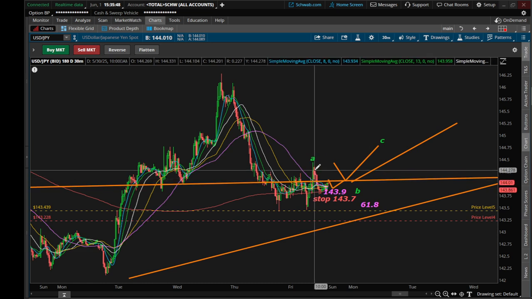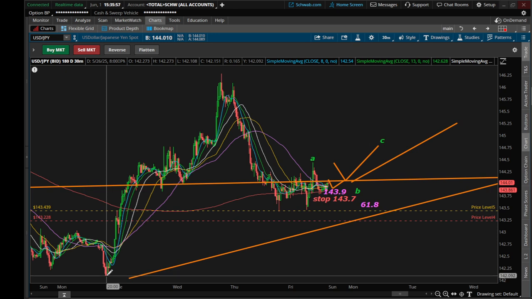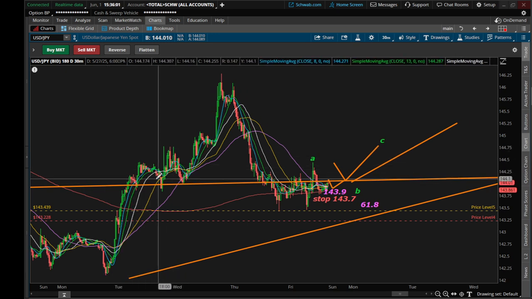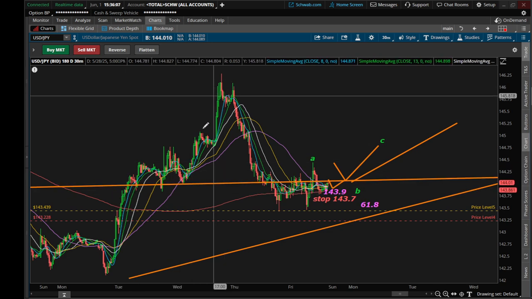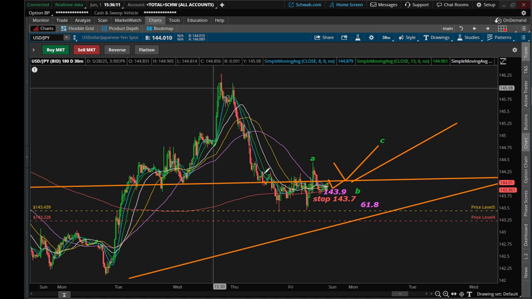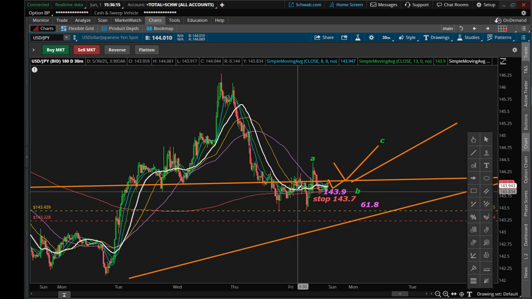close, which was 144, somewhere around there, low 144s. But based from Tuesday, we have a flat here, I think, or maybe a triangle if you want to count this as an A, B, C, D, E. So an A, B, and then a C up. A nice extension here for C. And then your 61.8 pullback.